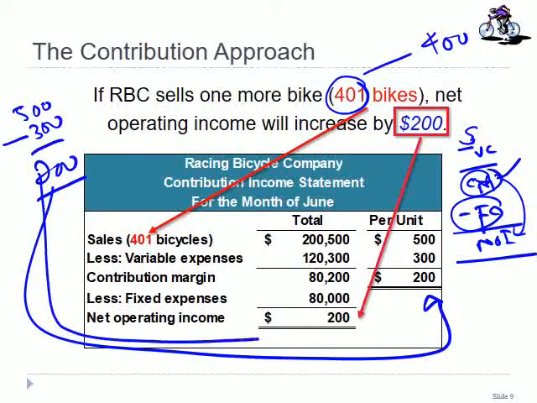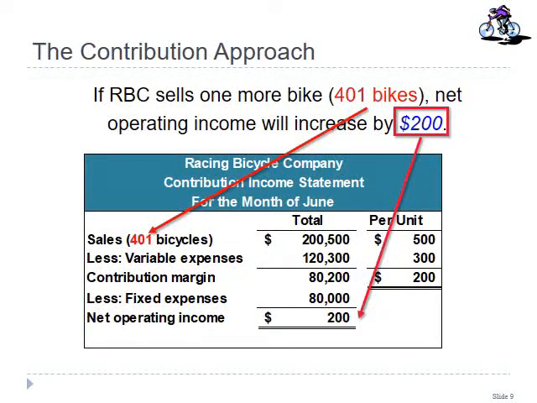So that directly goes to our net operating income, right? Let me explain one more time. If the RBC sells one more unit of bike, net operating income will increase by $200, right?